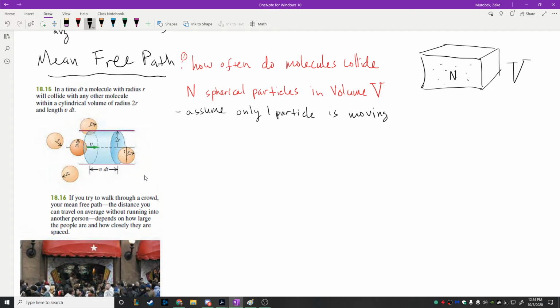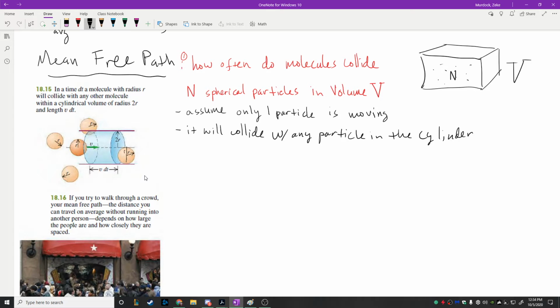Any particles inside of this cylindrical volume, the moving particle is going to interact with them, right? So it's going to collide with any particle within the volume.